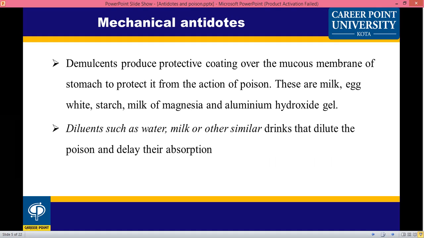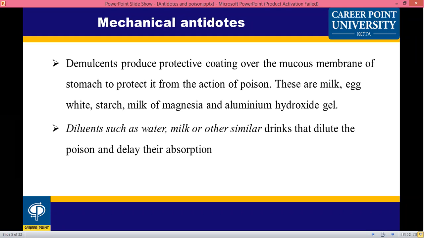Demulcents produce a protective coating over the mucous membrane of the stomach to protect it from the action of poison.